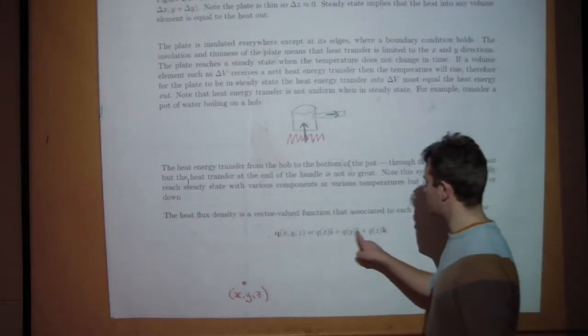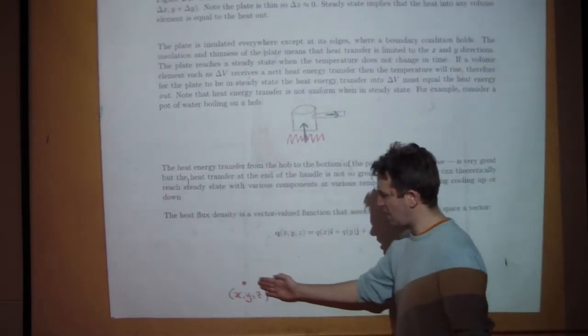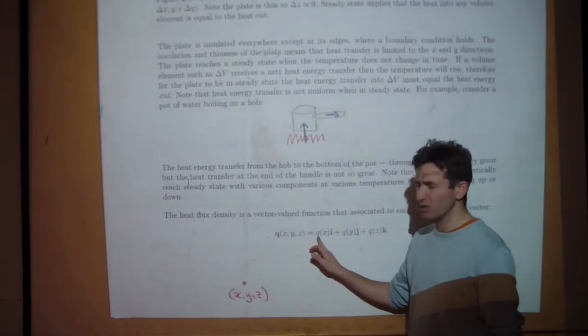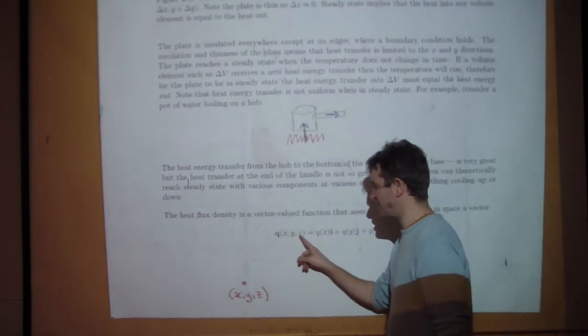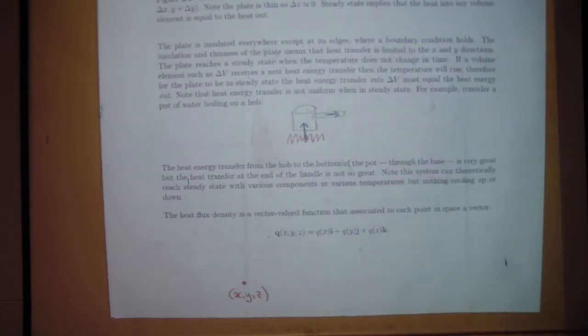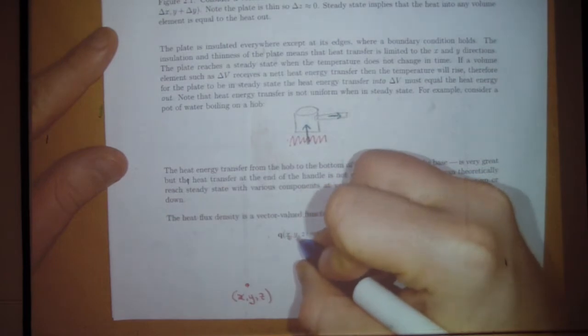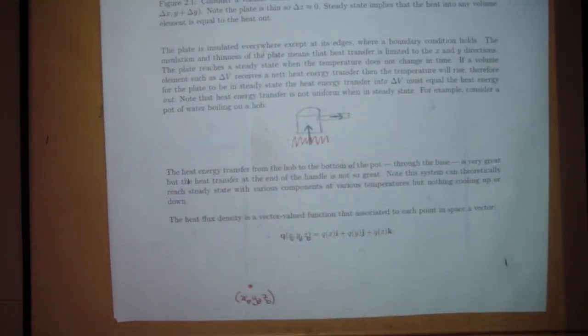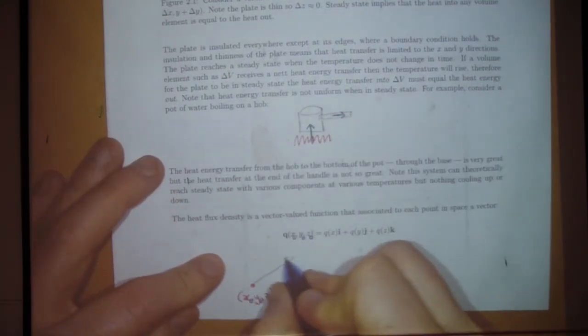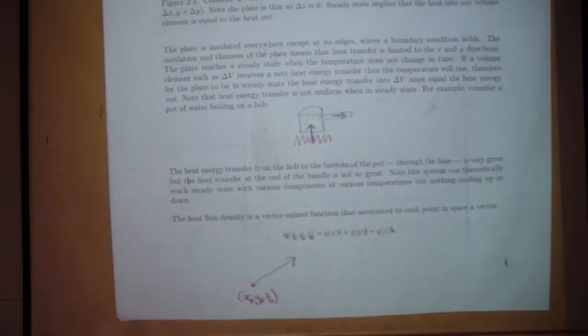So it's going to go in some direction. So this is the component of the x, the component of the y, component of the z. Arguably, this x, y, z and these x, y, z's are different. I might actually change here to x0, y0, z0. So this is a specific point. And we have this vector, it has some kind of direction, and it also has a magnitude.